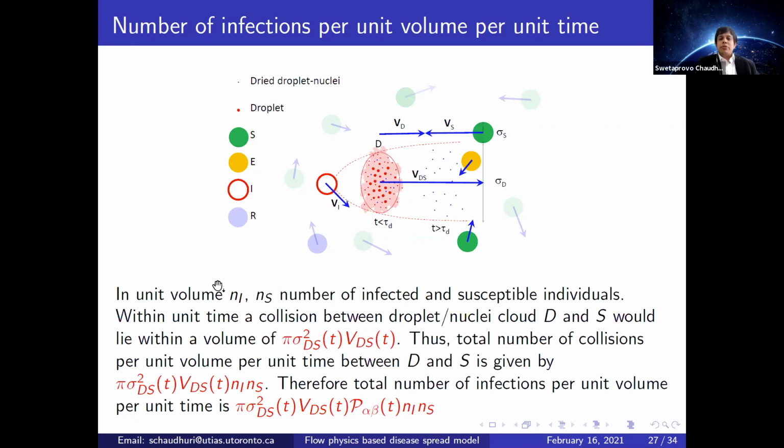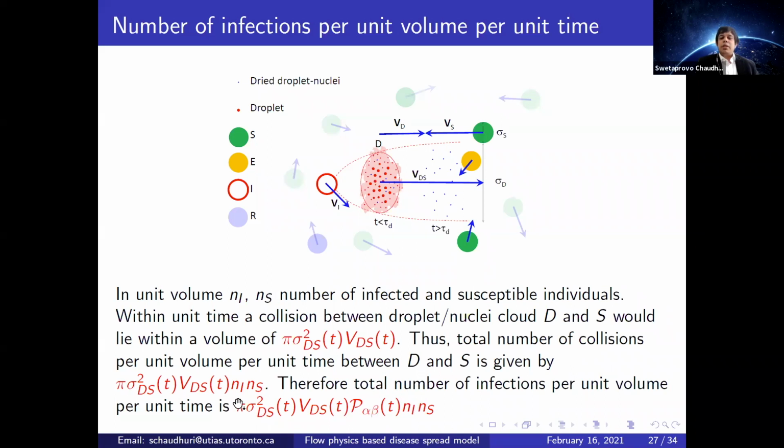Now, since we know the number density of the infected and susceptible individuals, we can find out the total number of collisions just by finding out the total number of susceptible individuals that will lie in this collision volume, and this is given by this. But not all collisions or contacts will result in infection, so that is why it is multiplied with this probability of infection.